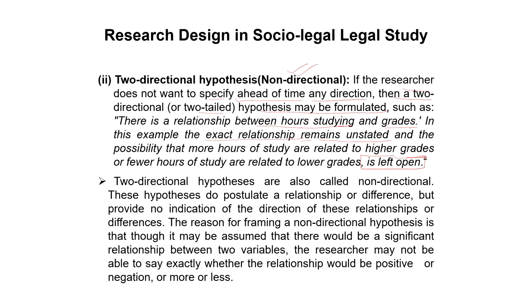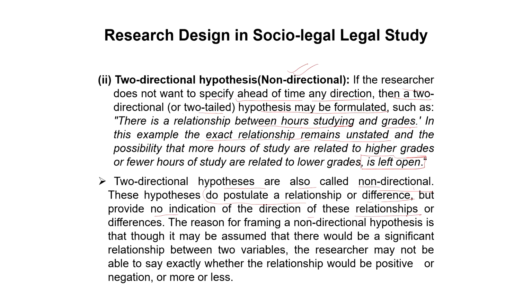Now, non-directional or two directional hypotheses are called non-directional because these hypotheses do postulate a relation or a difference. They postulate a relationship or a difference, but they provide no indication of the direction of this relationship.